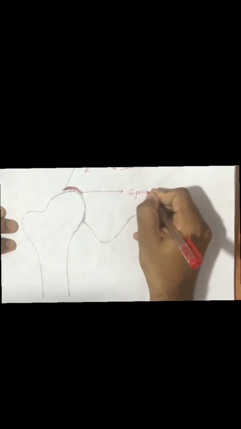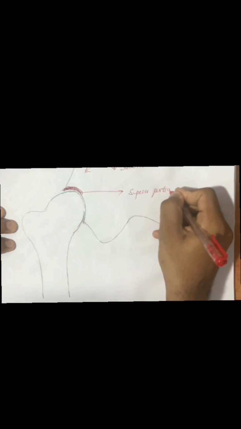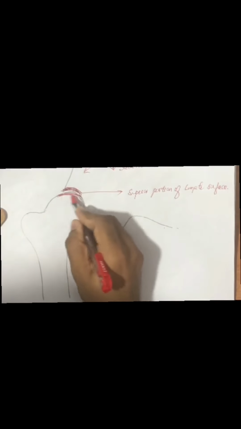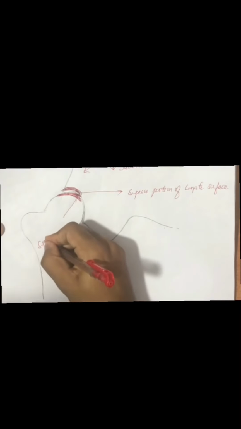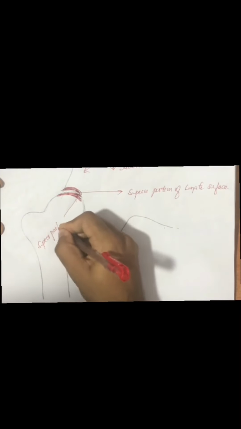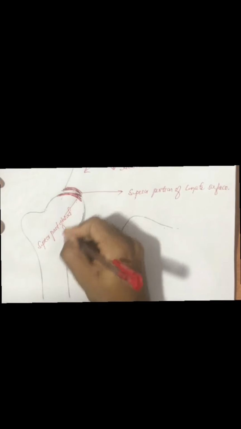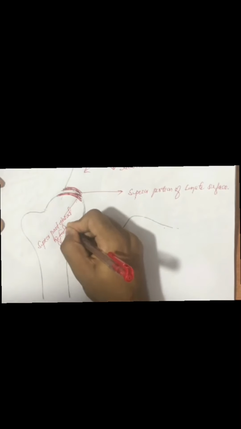the superior portion of the lunate surface, takes part in weight bearing, or transmission of the weight. Similarly, the superior portion of the head of the femur takes part in the transmission of the weight. Very good.